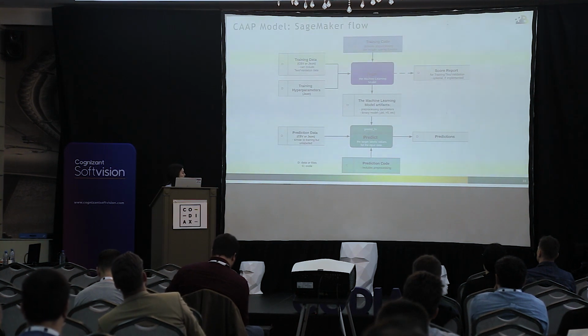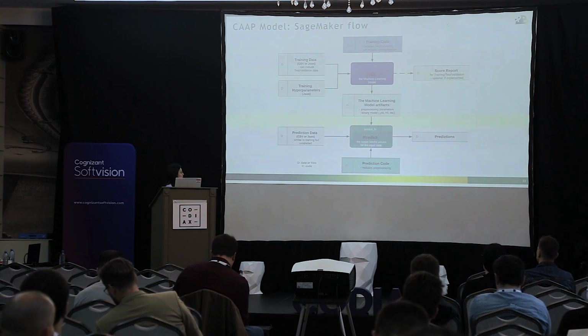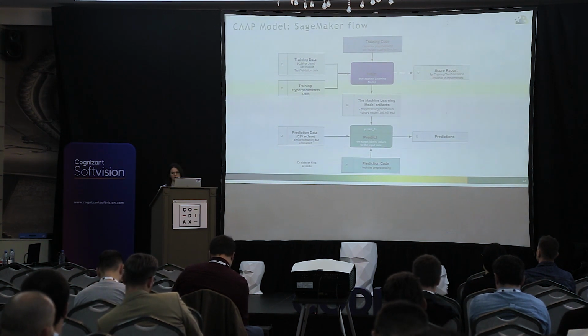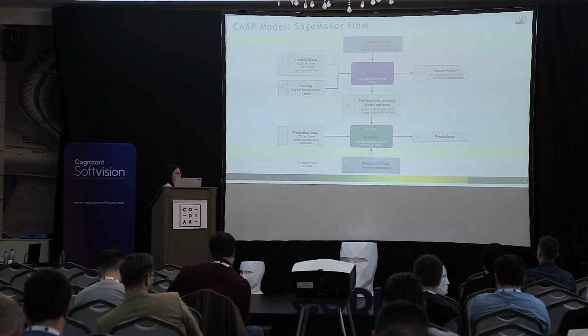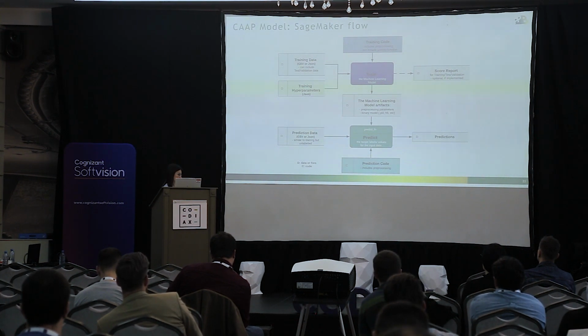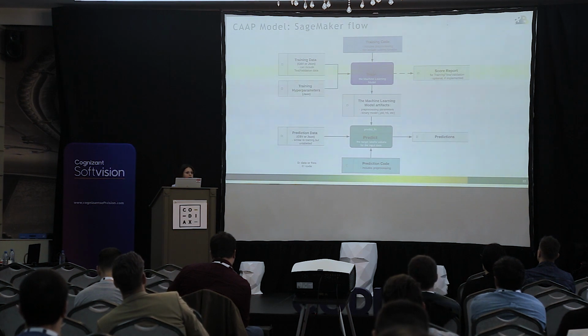We embedded it in the model, and from this, our model code executes in a SageMaker container. So it is like a machine where we also have a requirements file, and SageMaker recognizes it and installs all the necessary libraries that are needed to execute our code.